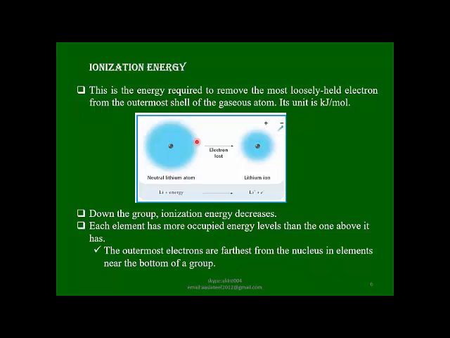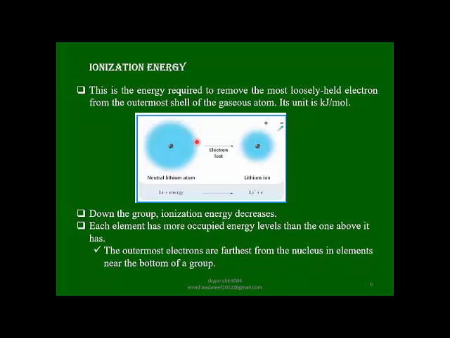But as we are descending from one period to another, the number of shells increases. That is number 1. Number 2, the distance between the nucleus and the outer shell increases. So lithium that has one shell, the distance between that shell and the nucleus will be smaller than sodium that has 2, smaller than potassium that has 3, smaller than rubidium that has 4. That is what we are saying.